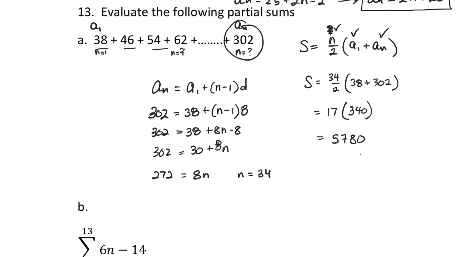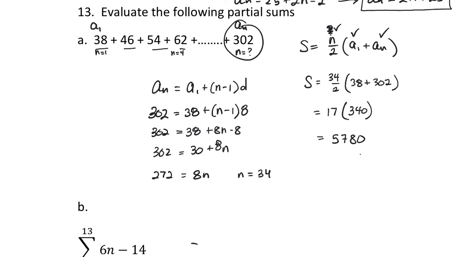Remember, the sigma sign means summation, and since you're starting at 1 and ending at 13, you're only adding a finite amount, or a partial amount of a series, because a series goes on forever, but we're only taking the first 13 terms. So this is a partial sum, and then 6n minus 14 is linear in form. It resembles y equals mx plus b, which means this is arithmetic.